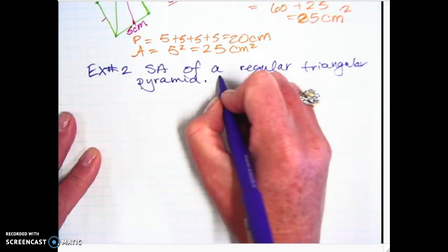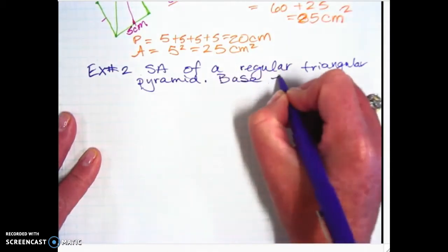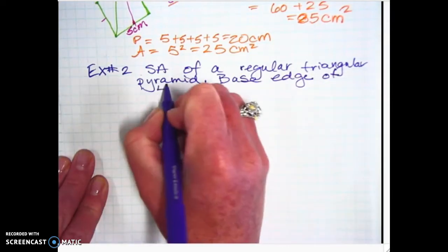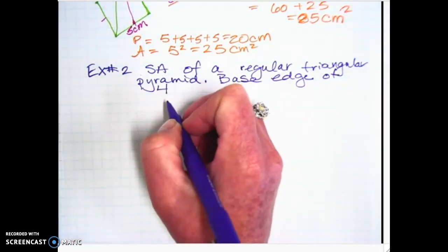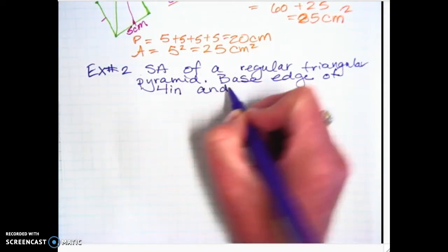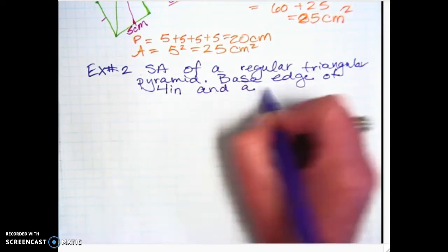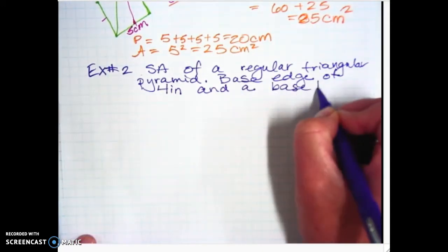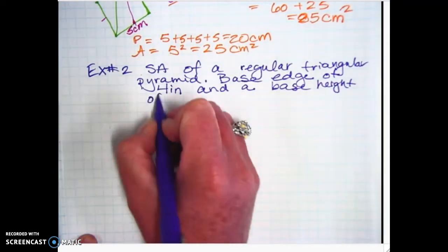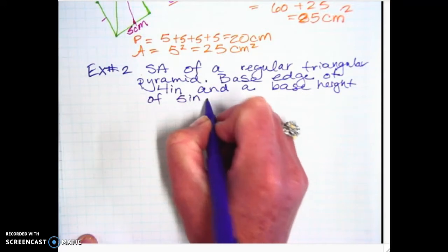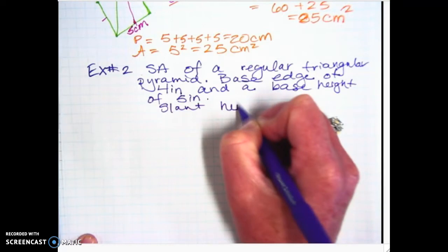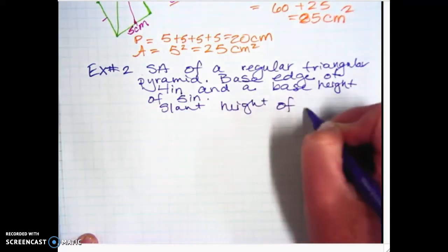It's going to have a base edge of 4 inches and a base height of 5 inches. And then it's going to have a slant height of 10 inches.